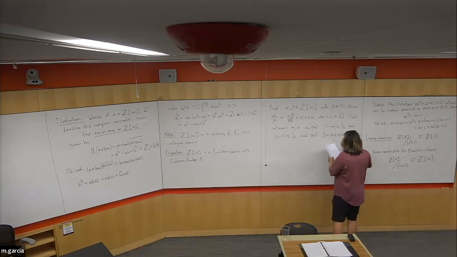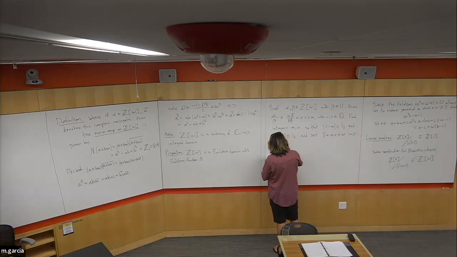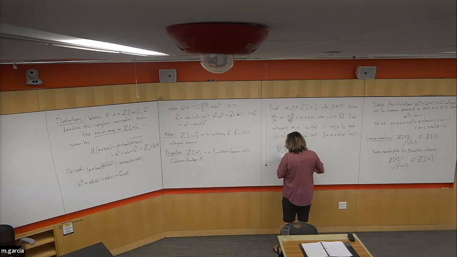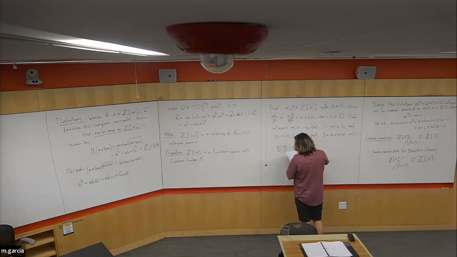So when I evaluate the norm on alpha divided by beta minus gamma, what do I get? Well, let me write this out actually.